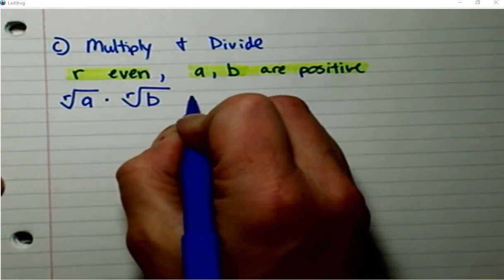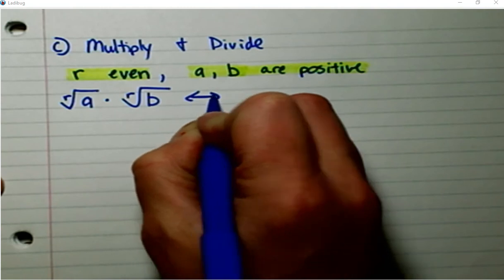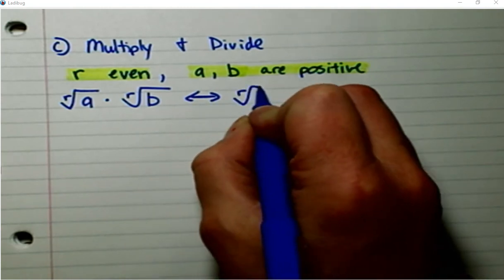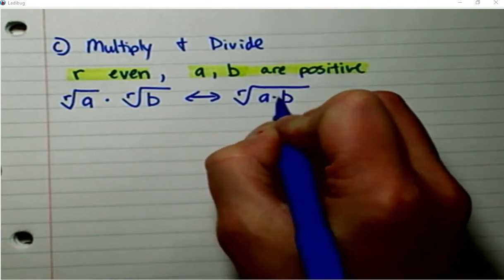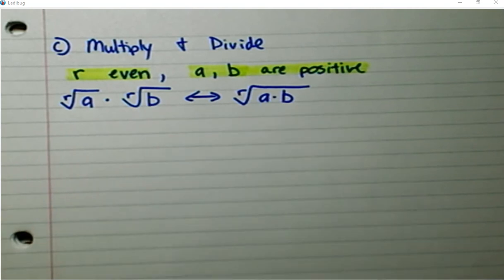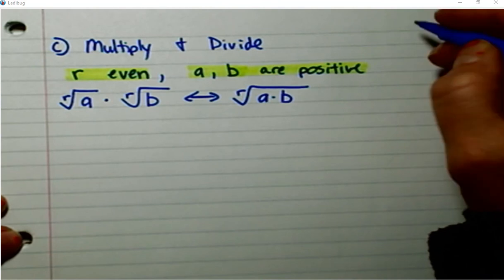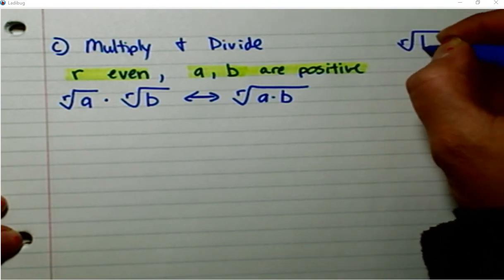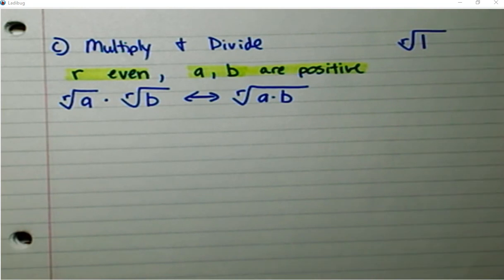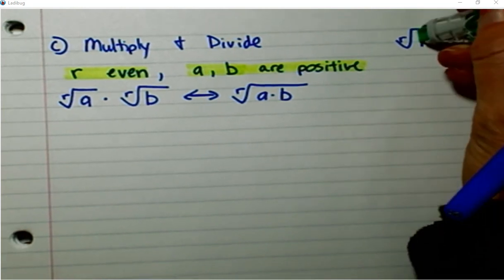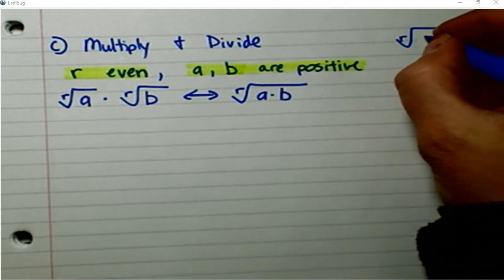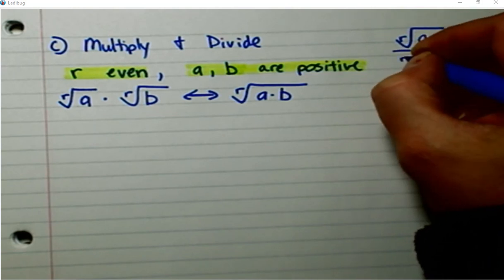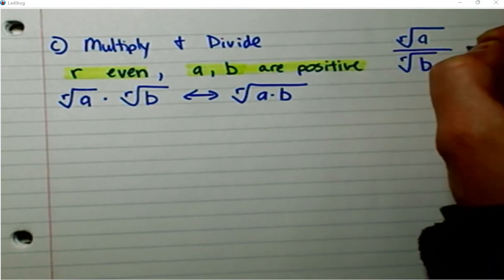So this means, okay, I like to put the arrow in both directions, that you can put both a and b under the same radical, which means you can multiply them. All right, so now let's do the divide example. If root a over root b, okay.